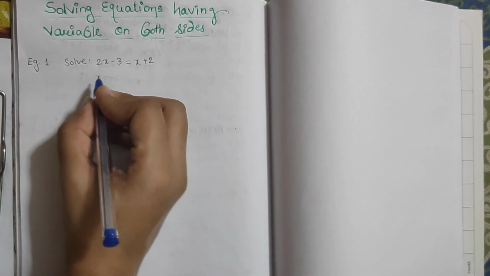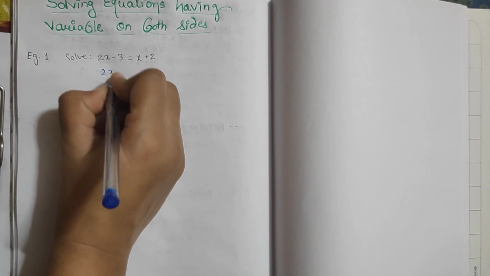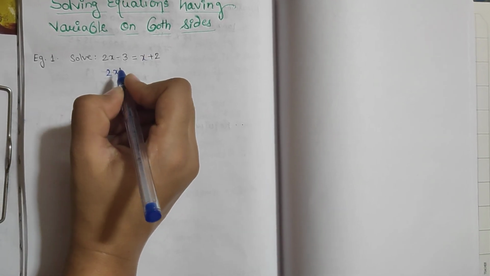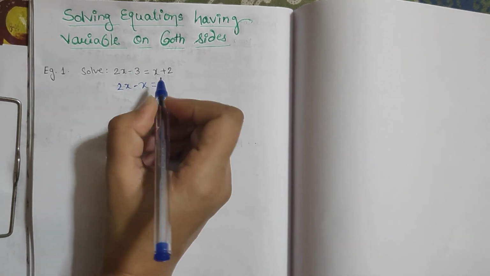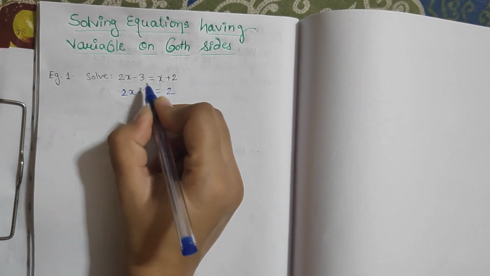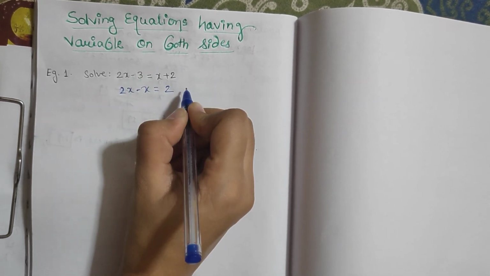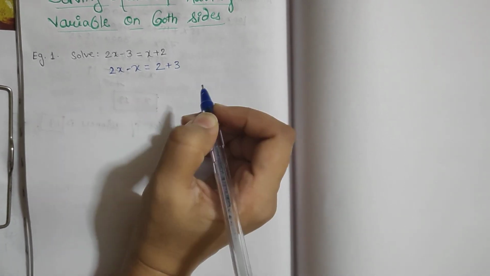So here we can say that it will be 2x. By using the transpose method we have to bring this x from this side to this side, so it will be 2x minus x. Rules will be the same, as it is plus so it will be minus here, is equal to this plus 2 as it is. This minus 3 will go to this side, as it is minus it will be plus on this side, so it will be 2 plus 3.